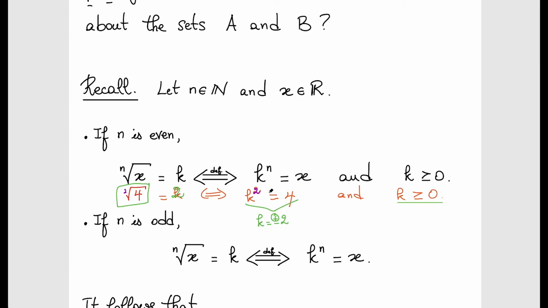Okay? Alright. And on the other hand, for odd numbers, what does this symbol mean? This symbol means it's a number so that if you take it to the nth power, you get x. Observe here, we don't get this part, because for odd powers, there is one and only one guy that does the job.